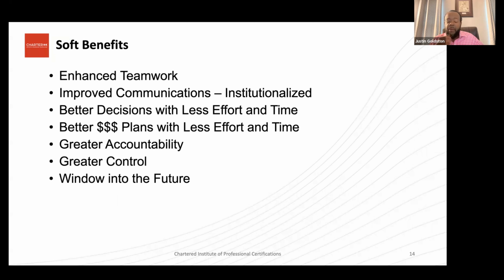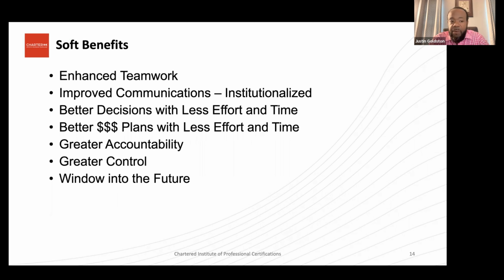All departments are accountable. All the heads are accountable. And this also provides greater control, because everyone is collaborating among each other. And it will also give you a better window into the future.